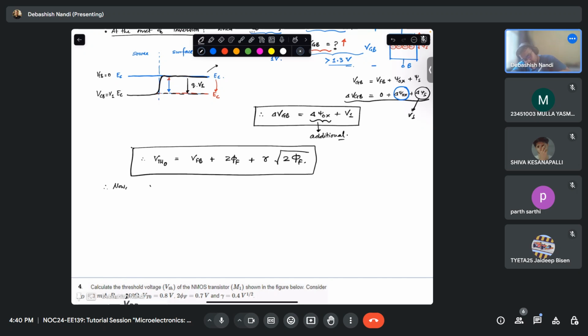Now your VTH has become VFB plus 2 phi f plus VCB plus gamma root over 2 phi f plus VCB. Okay, so now this is with respect to VGB.